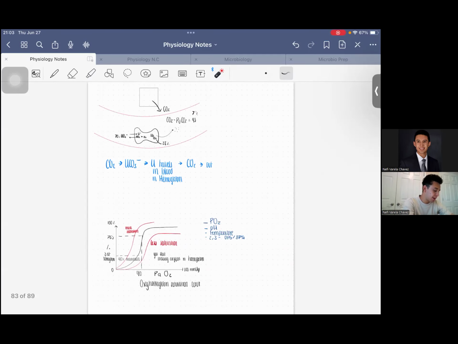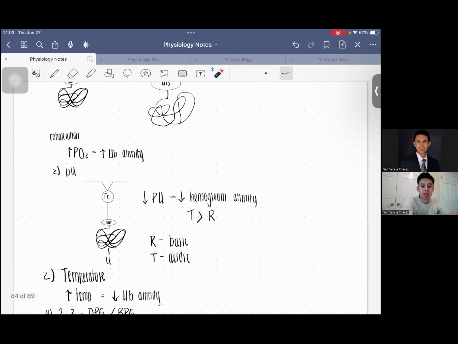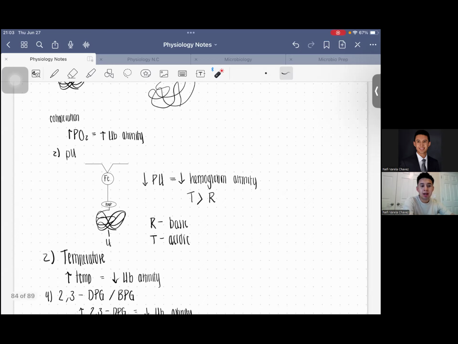Okay, there are some things that are going to help us transition between the T and R states. The first one is the pressure of oxygen. If we have more pressure of oxygen, if we have more oxygen, we're going to increase its affinity to hemoglobin. The other one is pH.